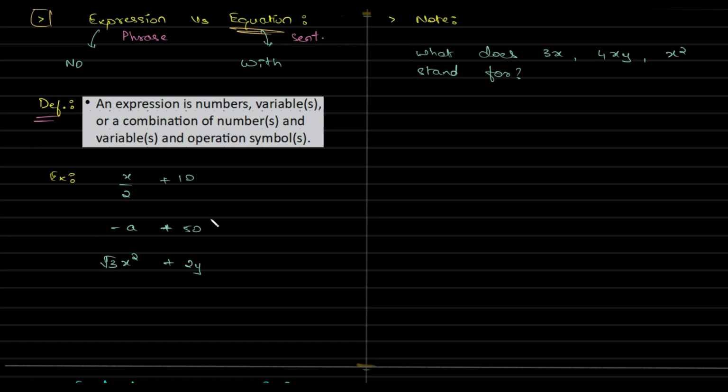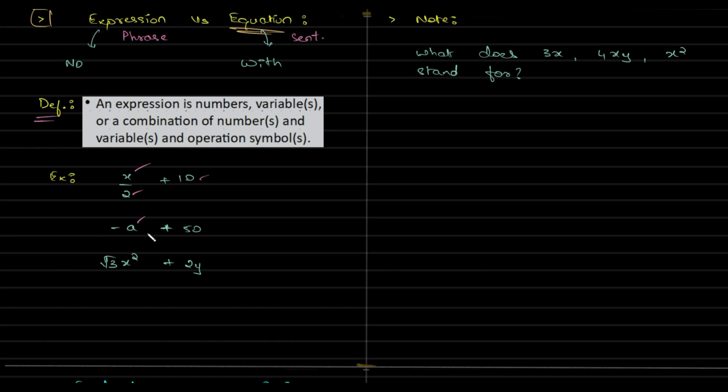So it's a combination of a lot of things. I'll start off with x by 2 plus 10. This is an expression. Minus a plus 50, another expression. Root of 3x square plus 2y, another expression. So here we are looking at x being the variable, 2 and 10 being your numbers.